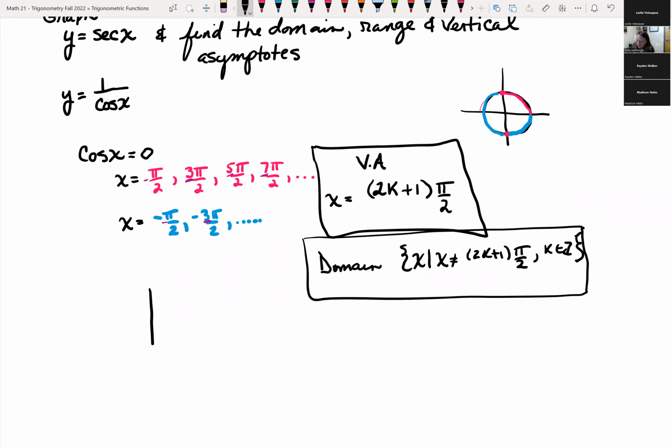And so let's put those values on the x-axis. And so again, a normal period for cosine of x is 2 pi. So let's break that into quarters. So we have pi halves, pi, 3 pi halves, and 2 pi.